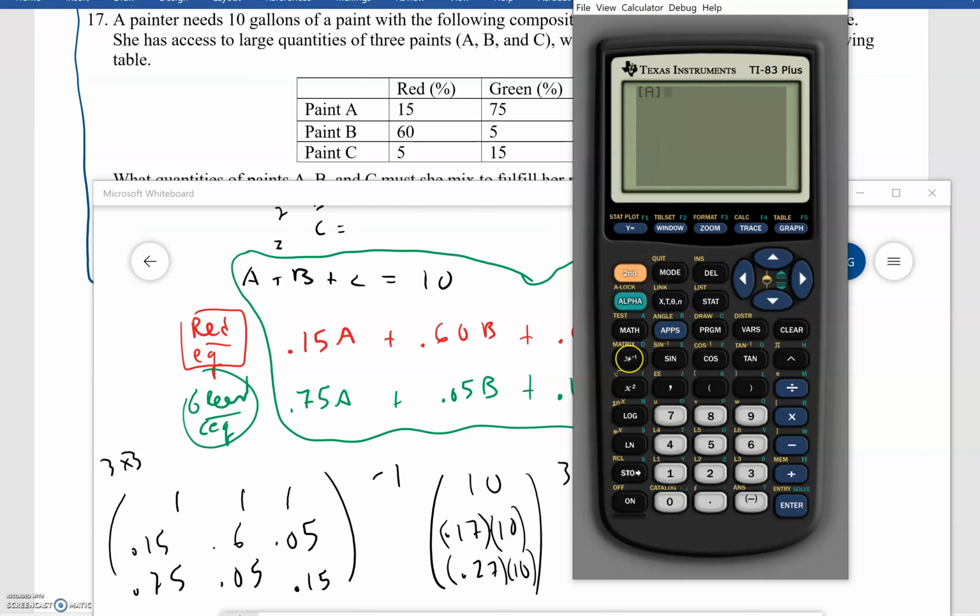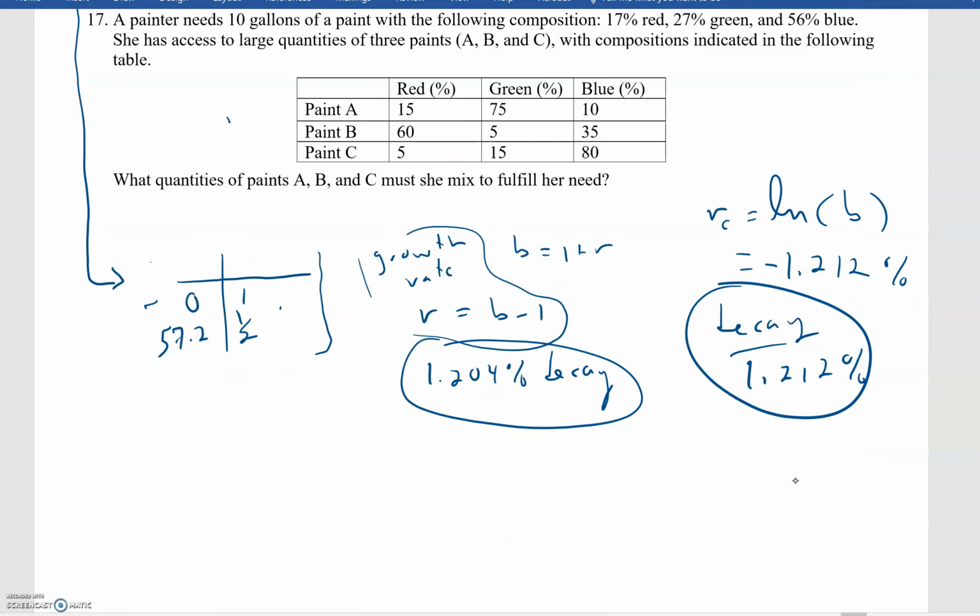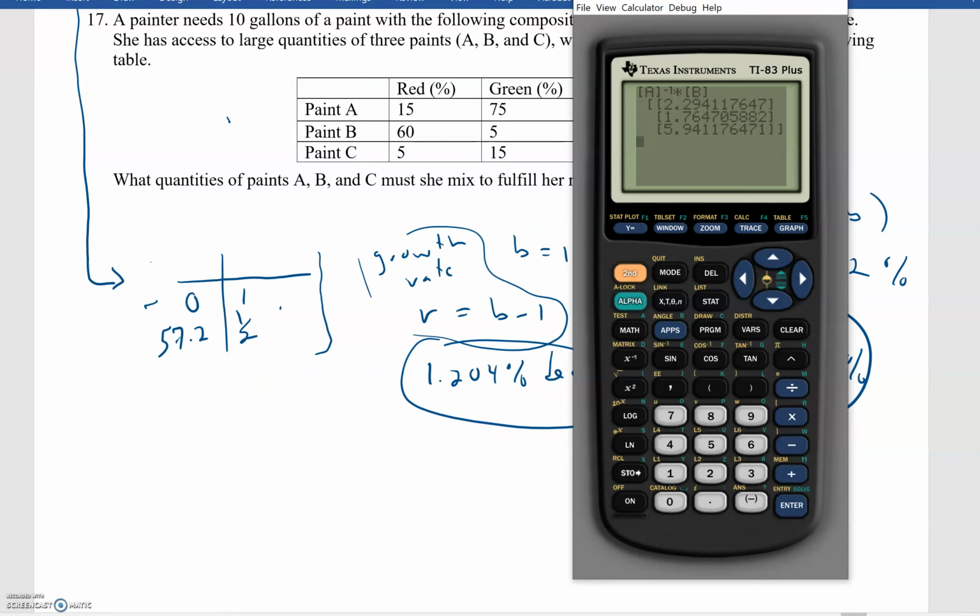Call it matrix A, take the inverse, and multiply it by matrix B. And there are our paint amounts, our gallons. So we need 2.29 gallons of paint A, 1.76 gallons of paint B, and 5.94 gallons of paint C. And that concludes the Unit 3 practice problem set.